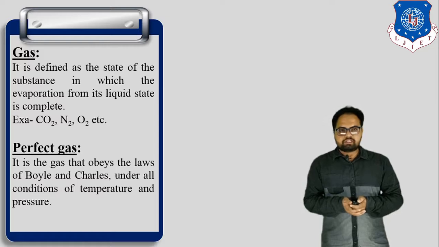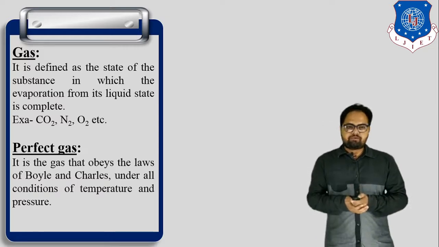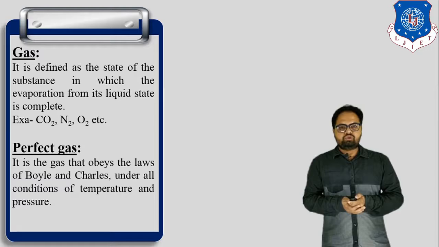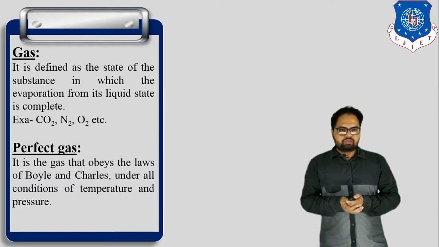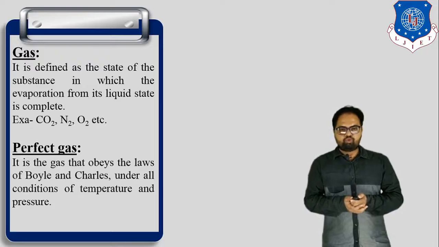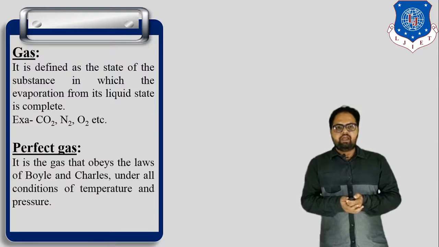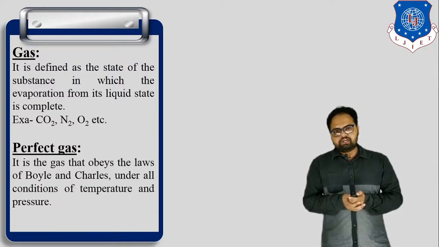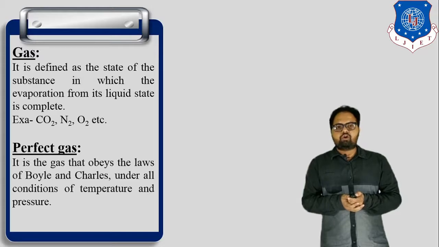Now the question is, which is an example of a perfect gas? Dear students, in this universe no gas is a perfect gas, but the behavior of superheated steam under certain temperature and pressure conditions is like a perfect gas, and we will discuss this in detail in properties of gas.